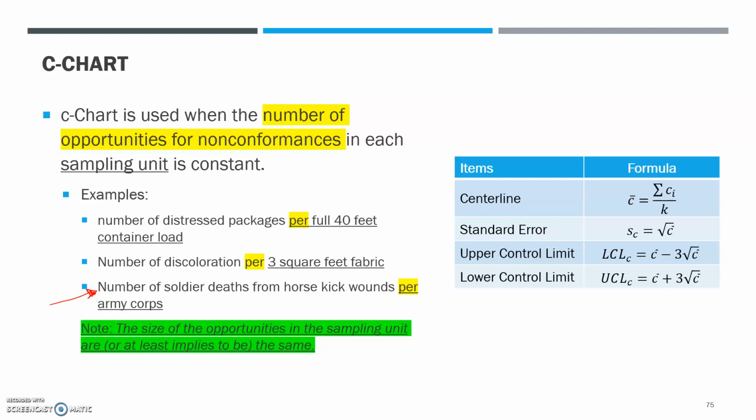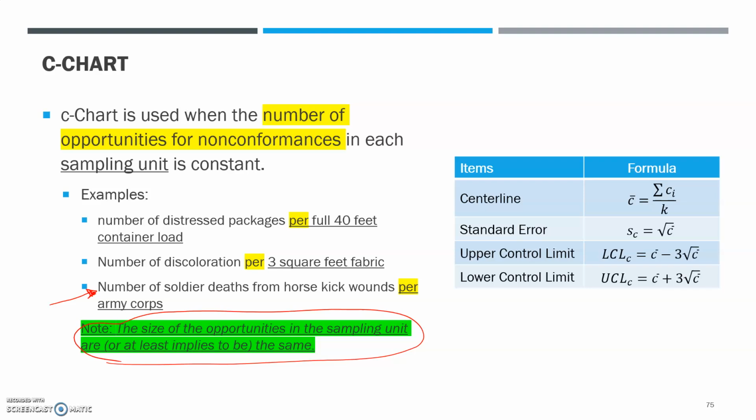If you examine all these examples closely, they all have the same size of opportunities for making mistakes. The size of the opportunities in the sampling unit are the same, right? I don't know if that sentence makes sense to you. This is the best I can come up with.